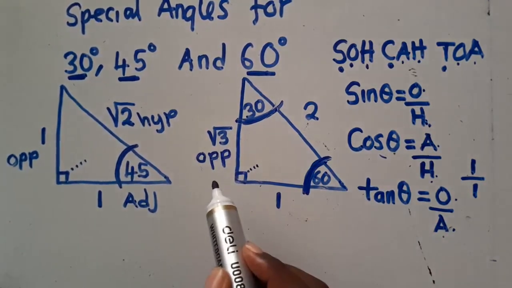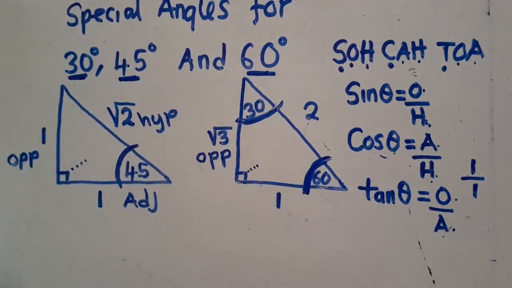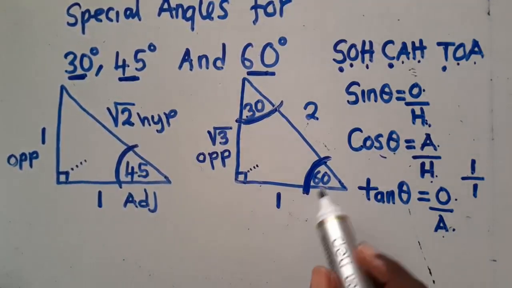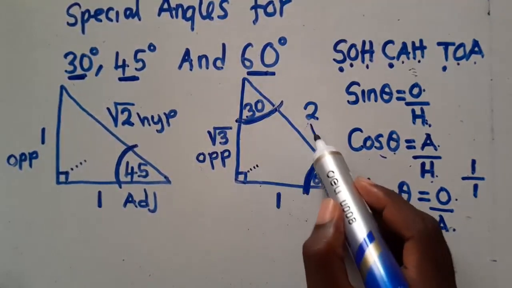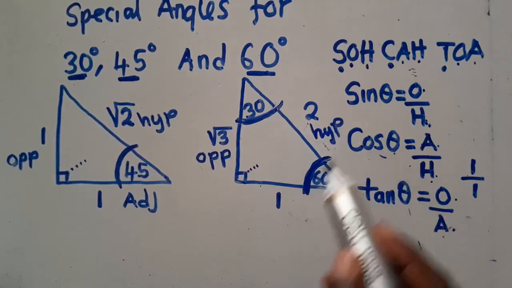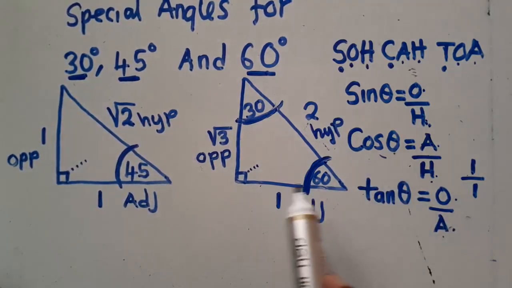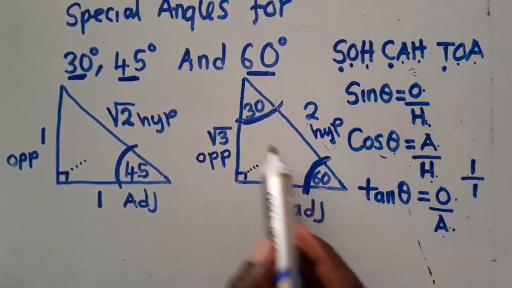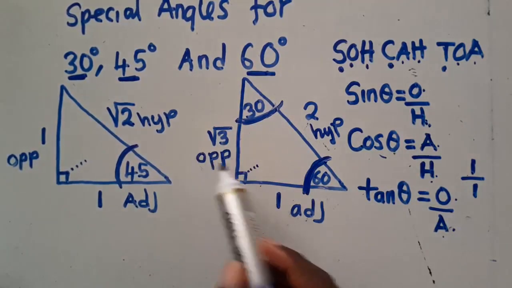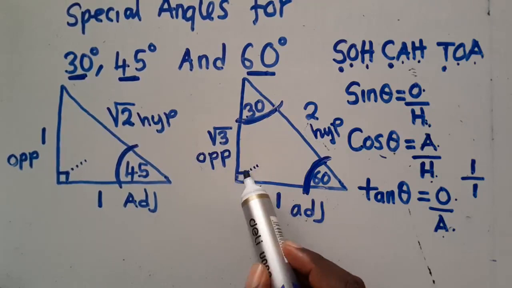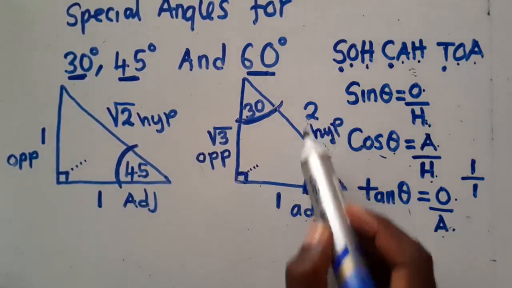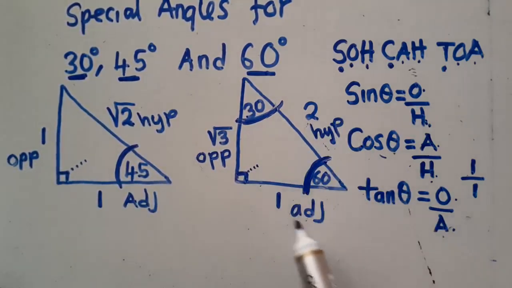Forget about the 30 degrees. Where this thing is pointing, the 90 angle, that is the hypotenuse. Then this one is adjacent.